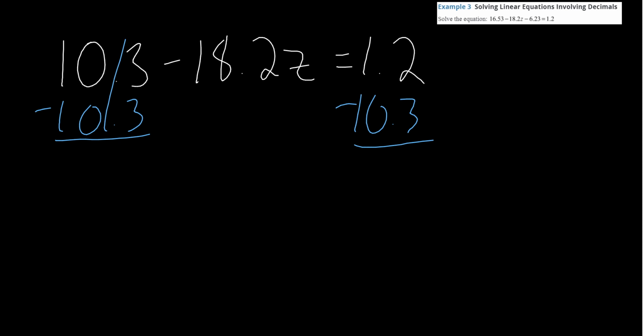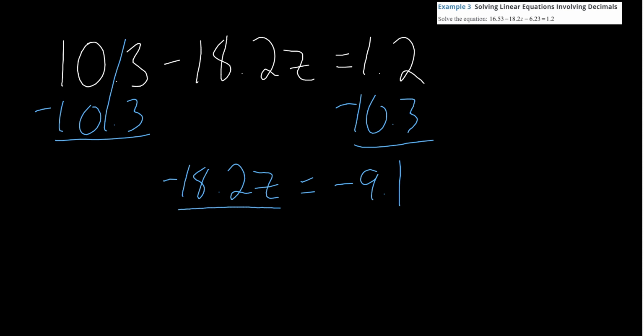And then we're going to end up with a negative 18.2z, and that's equal to 1.2 minus 10.3, which is negative 9.1, right? Negative 9.1.